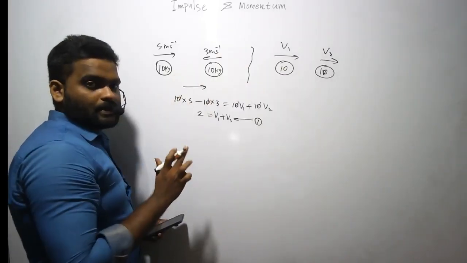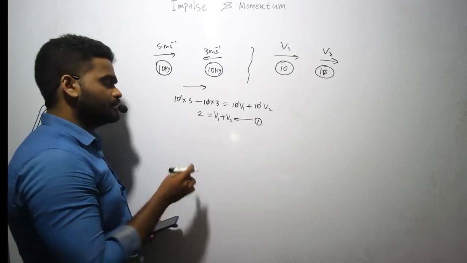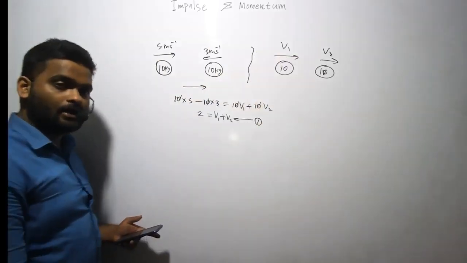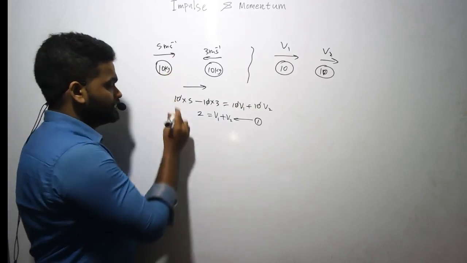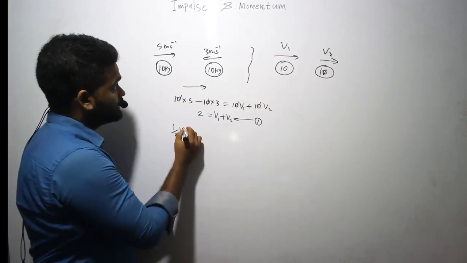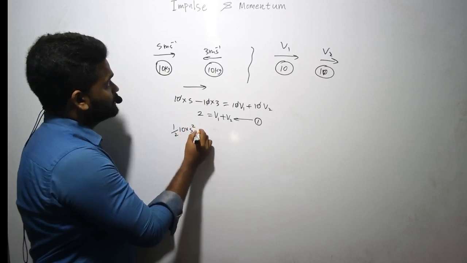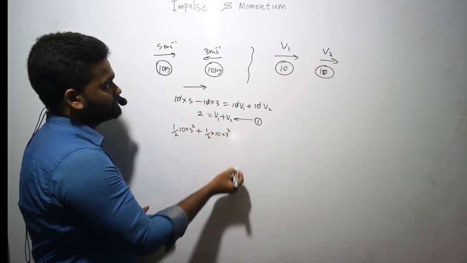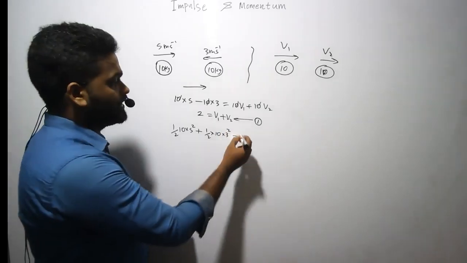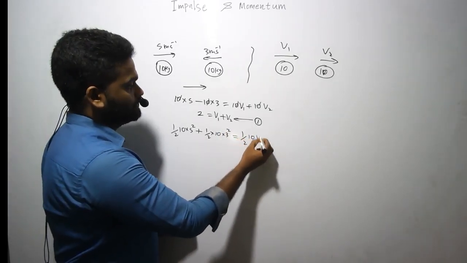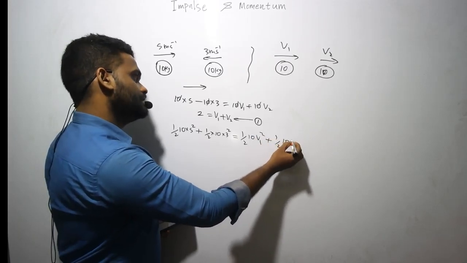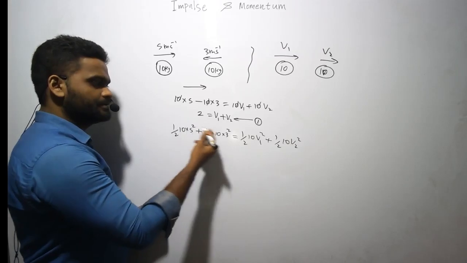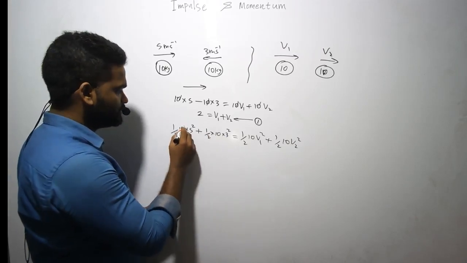Since the collision is perfectly elastic, we can say kinetic energy before collision is equal to kinetic energy after collision. So half times 10 times 5 squared plus half times 10 times 3 squared equals half times 10 times v1 squared plus half times 10 times v2 squared. Then I'll simplify this, so you get rid of half 10.